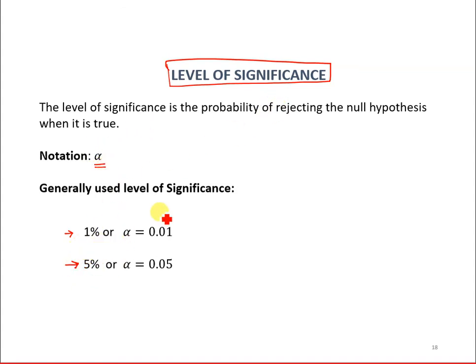So we test it for 1%, or we can say an alpha value of 0.01, or 5%, an alpha value of 0.05. I think it's obvious: 1% means 1 divided by 100, which gives you 0.01. Similarly, we get 5% as 0.05.